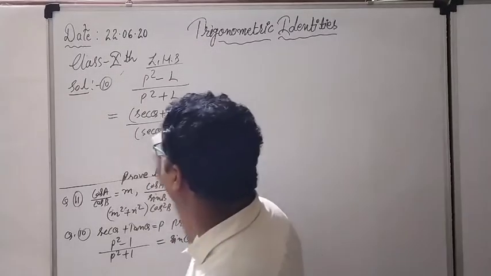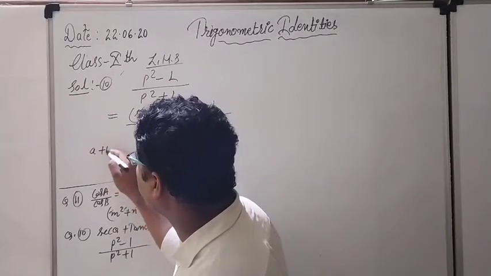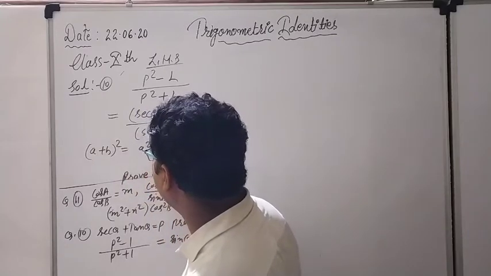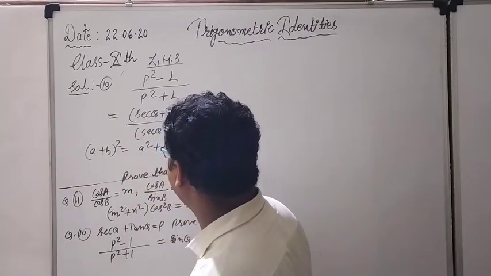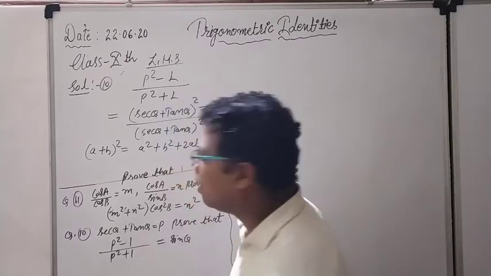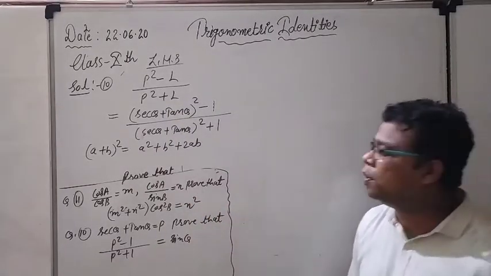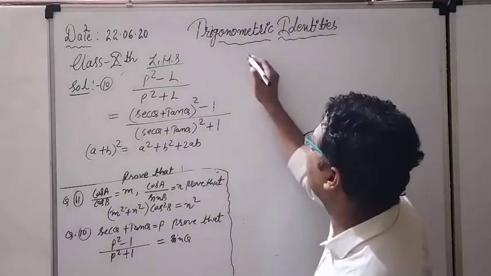When I fill this, I know that (a plus b) whole square is the identity, and it gives me a square plus b square plus 2ab. I will use that formula here.